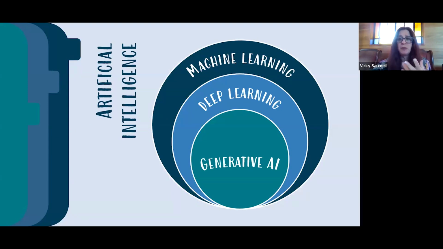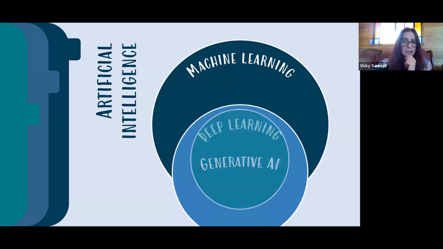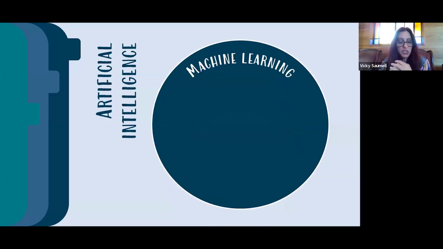Artificial intelligence has been around since the 60s, machine learning and deep learning, but generative AI is quite new. So let's have a look at that. Machine learning is a data-driven approach that involves training algorithms using large data sets, which are labeled.